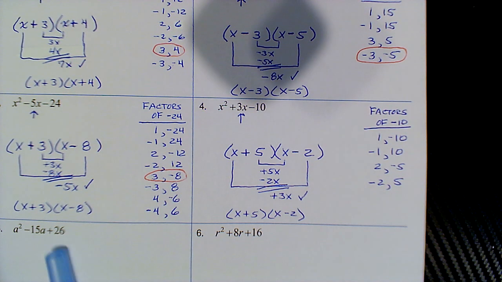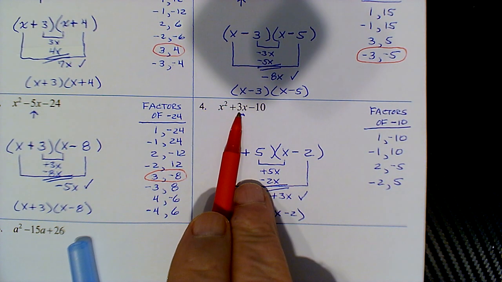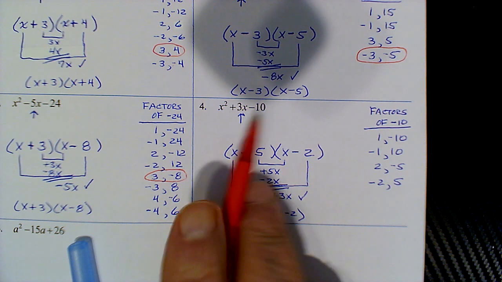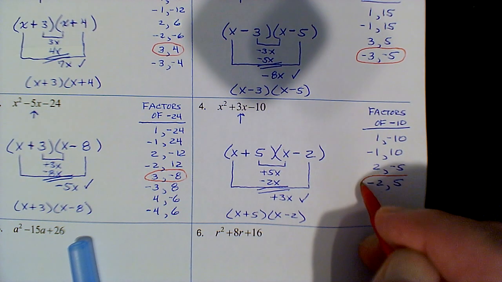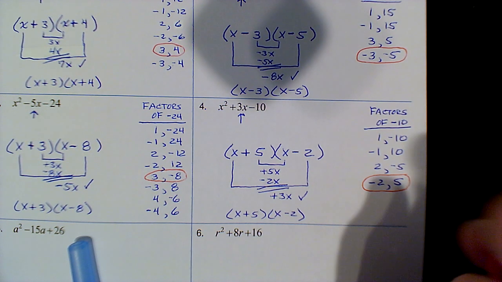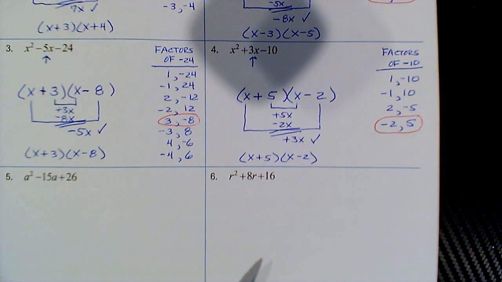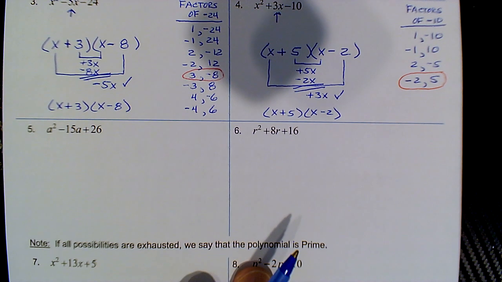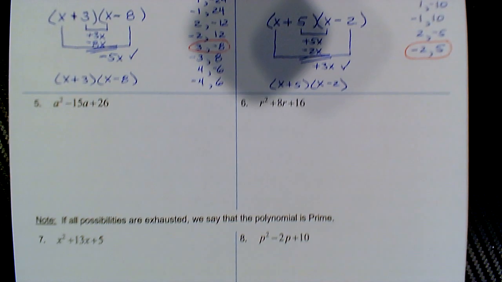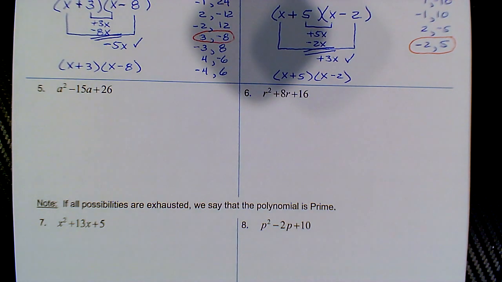And then we're looking for the pair of factors that add to give us positive 3. And so, looking amongst the list, the negative 2 and positive 5, and you can see, of course, that that's the same that we got by the trial and error method. Okay, so we'll cut this video at that point, and we'll come back and finish the rest in part 2.